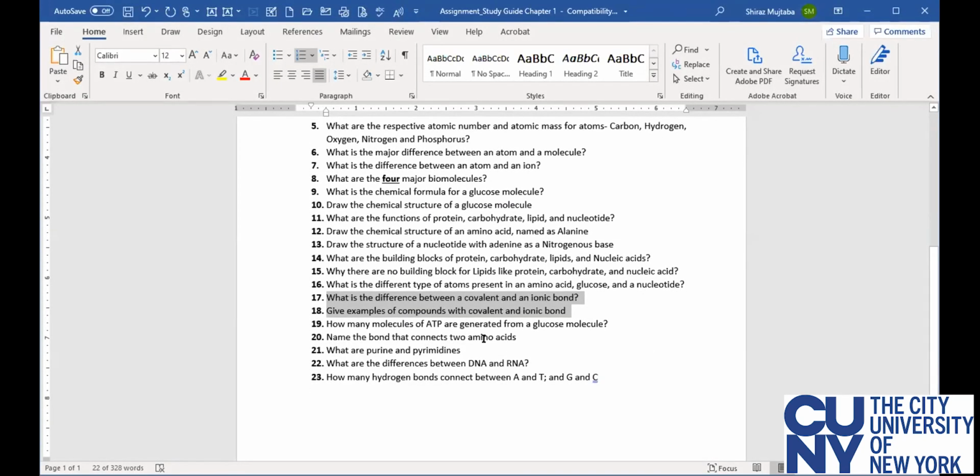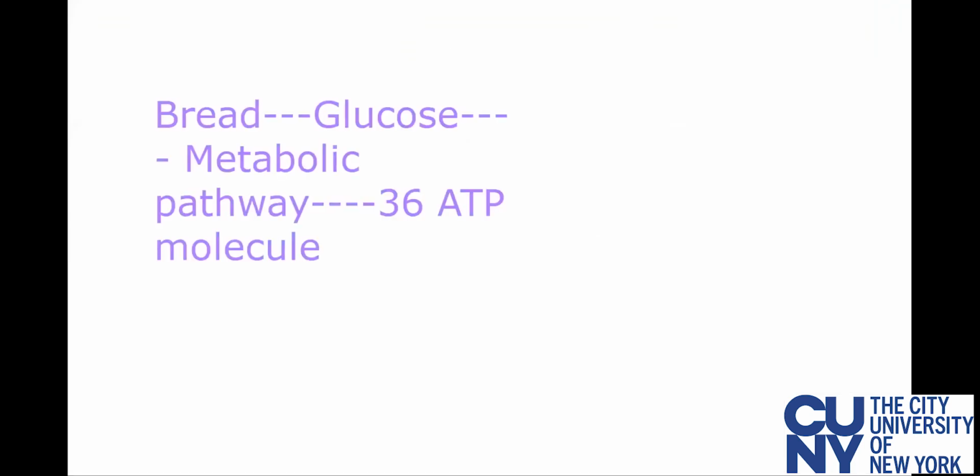Name the bonds that connect two amino acids. So I mentioned to you that in English literature, there are 26 alphabets. In the world of proteins, there are 20 amino acids.